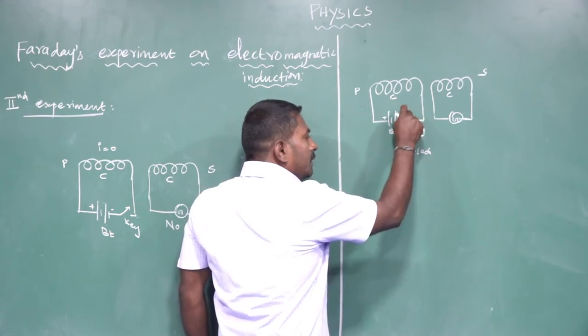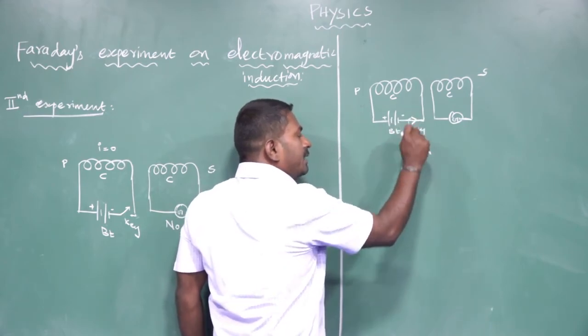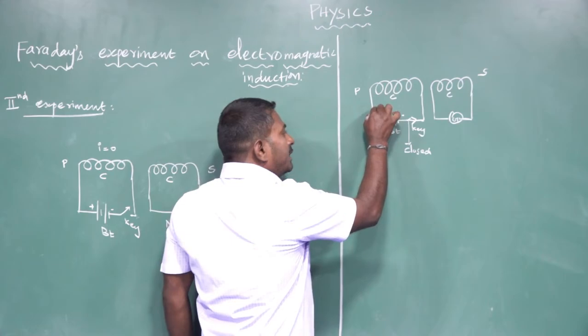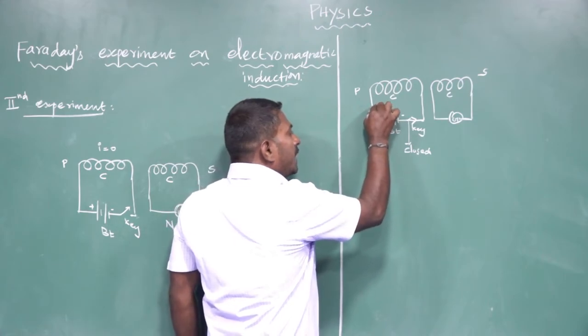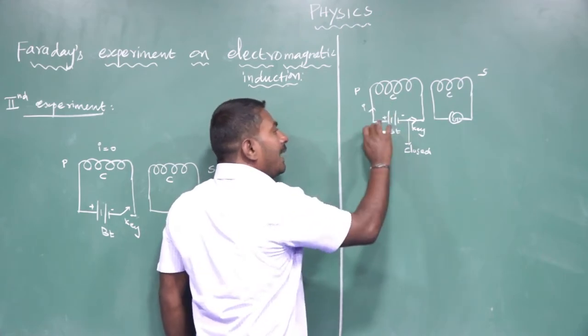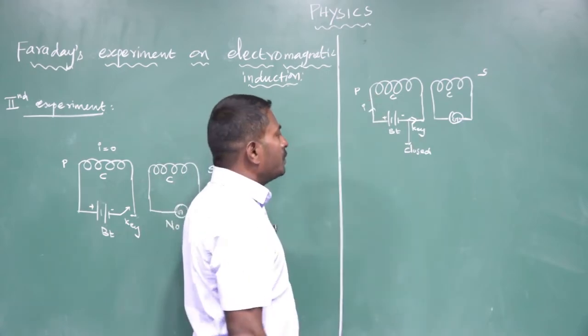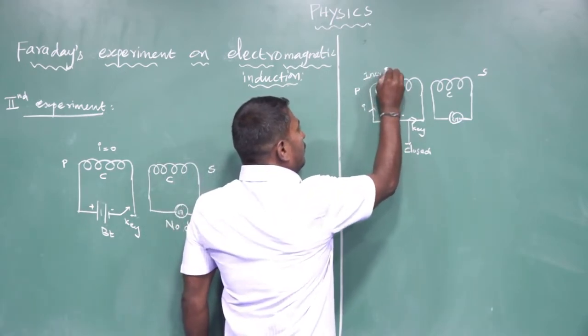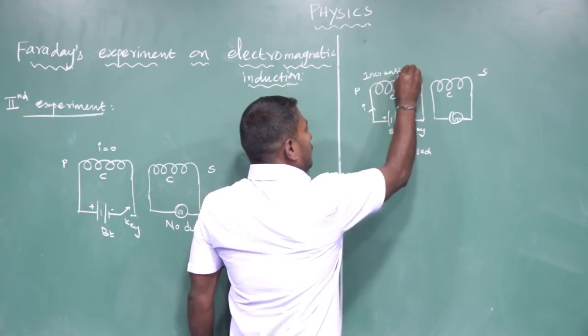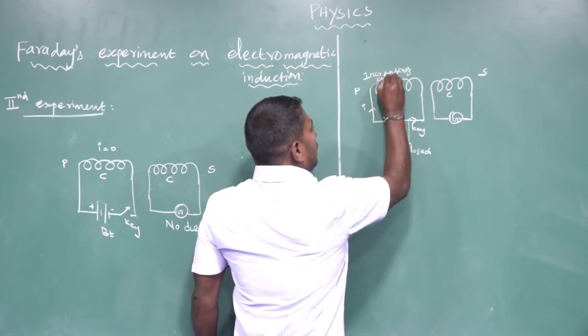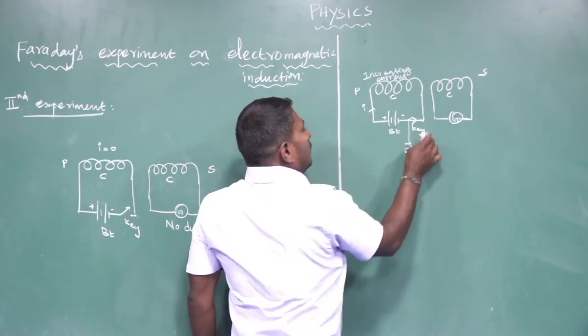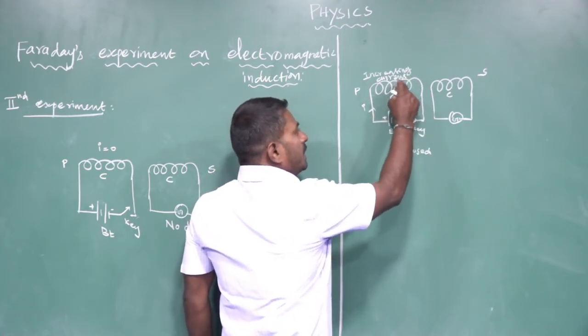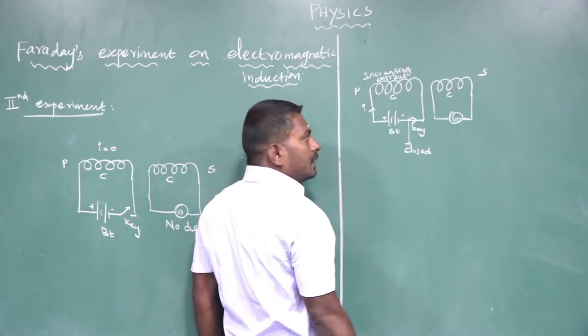After the key is closed, the electric current in the primary closed circuit starts increasing.